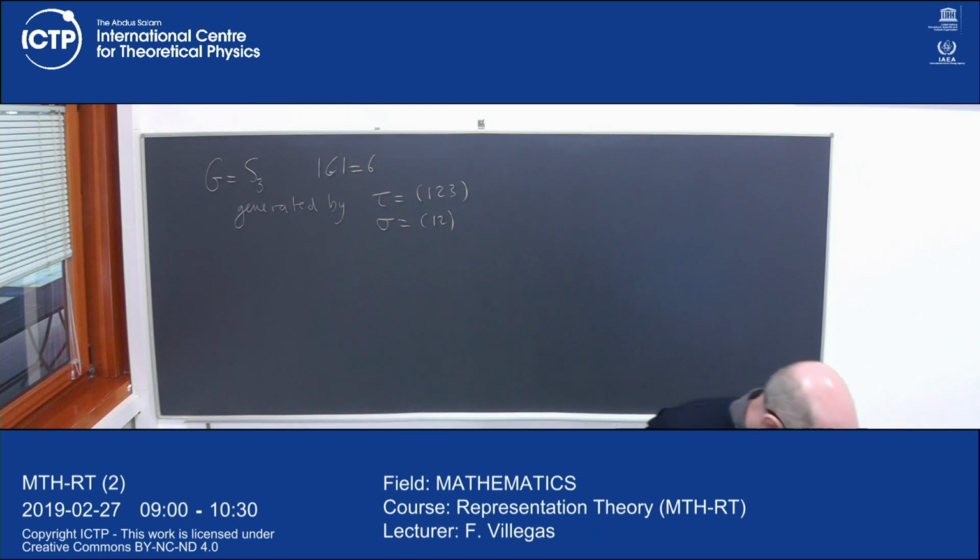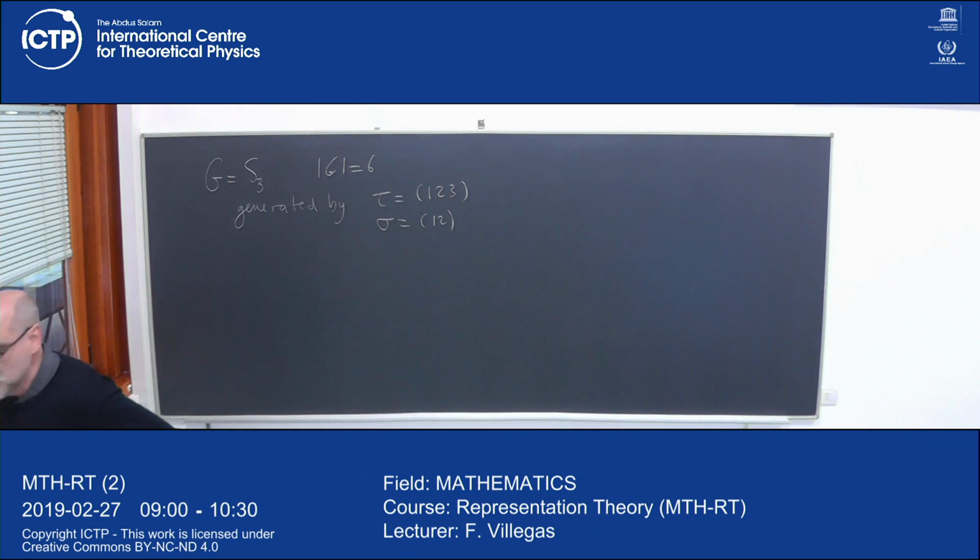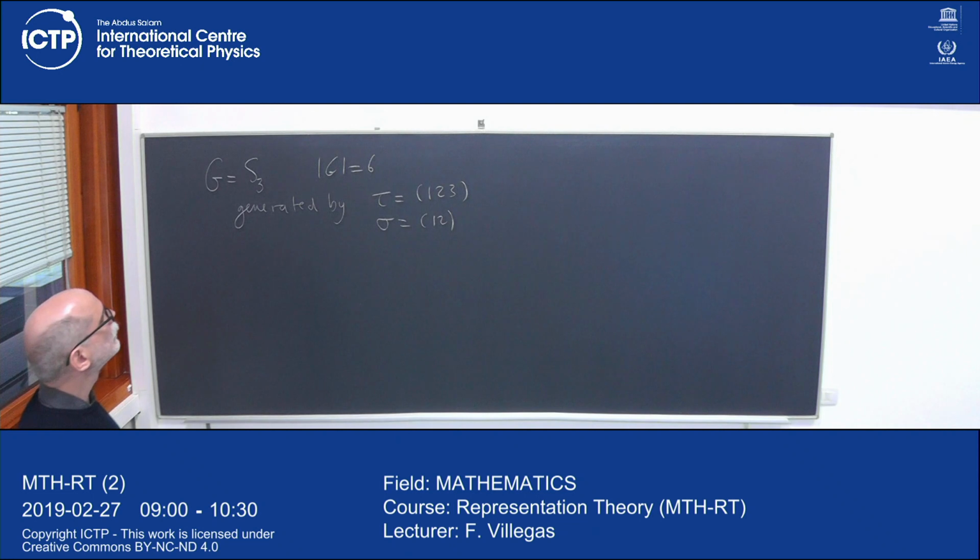So there's two representations that we should be able to spot right away. And which are these? By conjugation, that we take the action by conjugation. G acts on itself by conjugation.